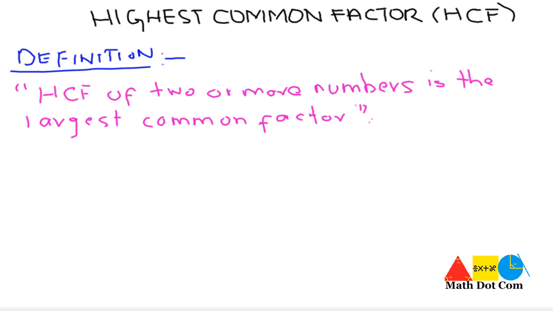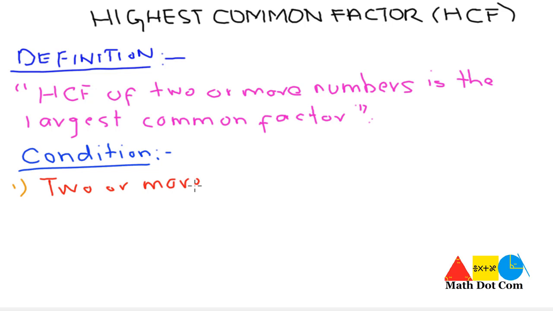Okay, now there are some conditions that are required for calculating the HCF of two numbers. Let's discuss them one by one. For the HCF, the first condition is we should have two or more numbers.